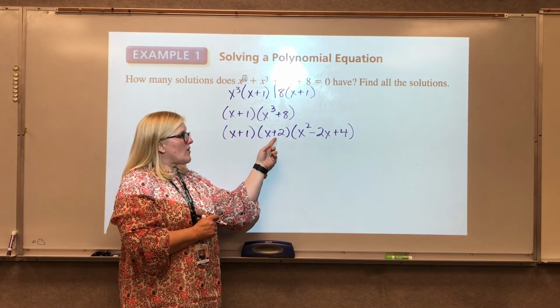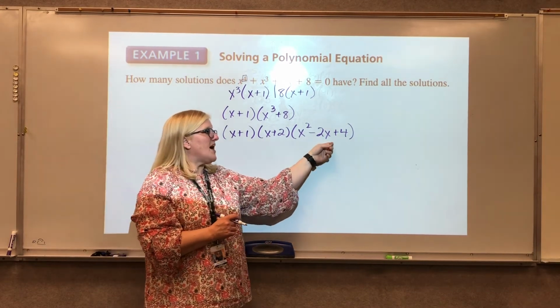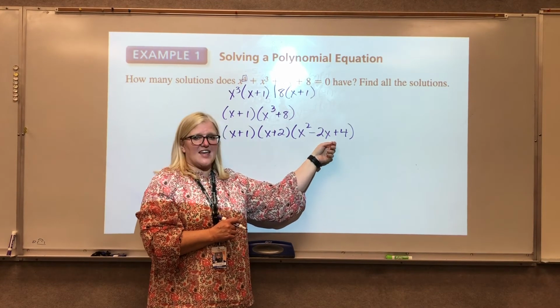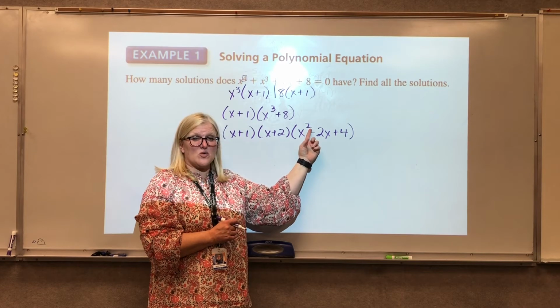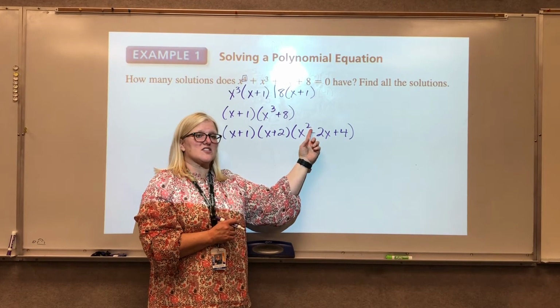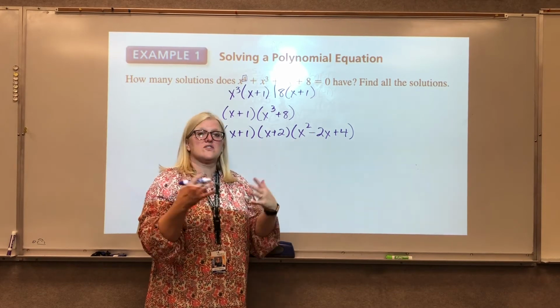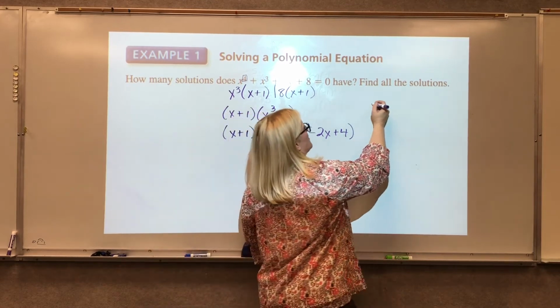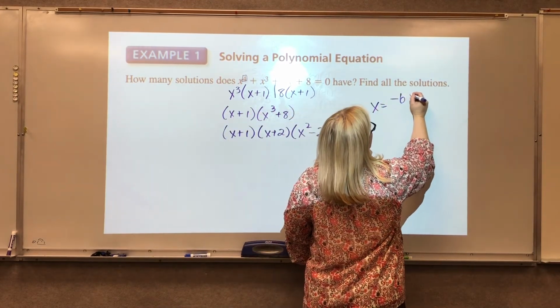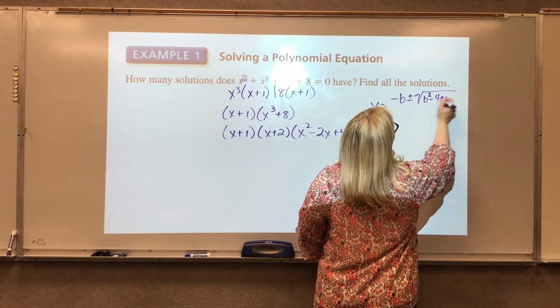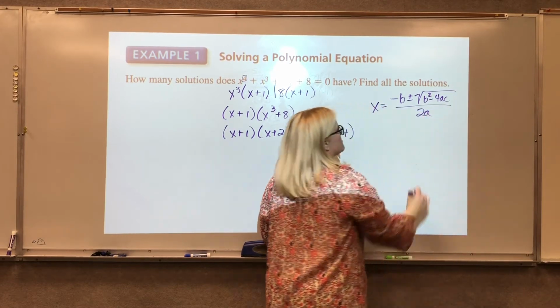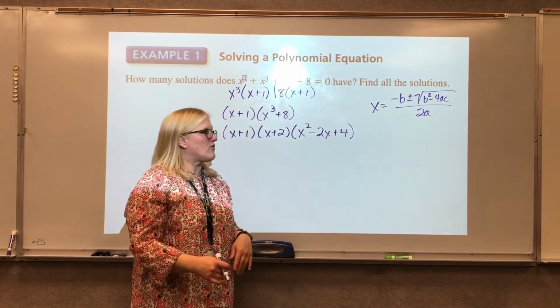I have another one right here, it's negative 2. But this I can't factor. This is not factorable, but at least I have it down to an x squared. Once you have it down to an x squared, you can use x equals negative b plus or minus the square root of b squared minus 4ac all over 2a. We can use the quadratic formula.